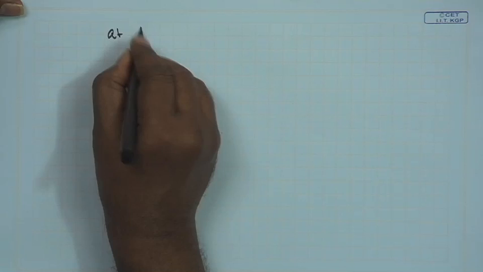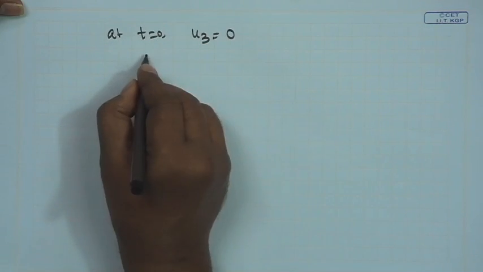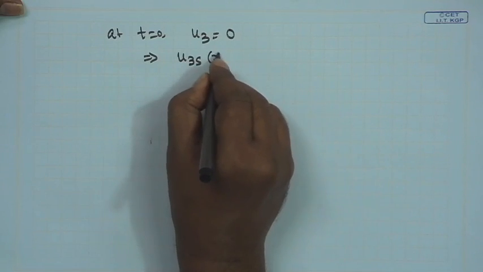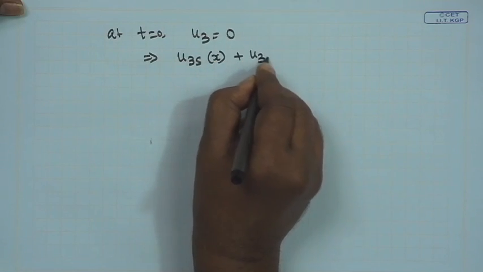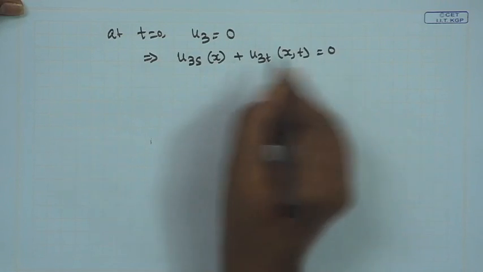Now, with this we will be formulating the governing equation and the initial condition of the time varying part or U3T. So, what is U3T? In the original problem, at t is equal to 0, U3 was equal to 0. So, therefore, U3 is nothing but U3S, which will be a sole function of x, plus U3T, which will be a function of both x and t, must be equal to 0.